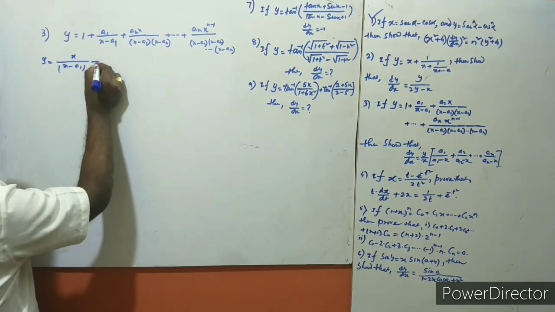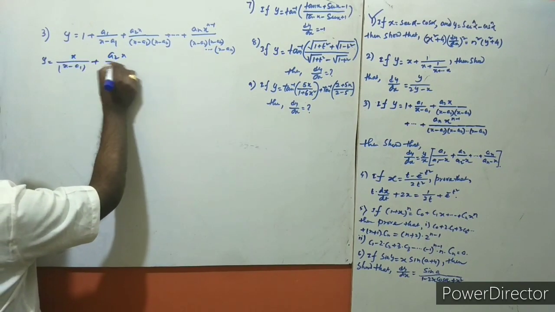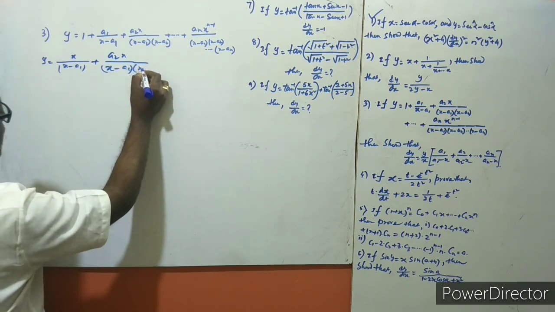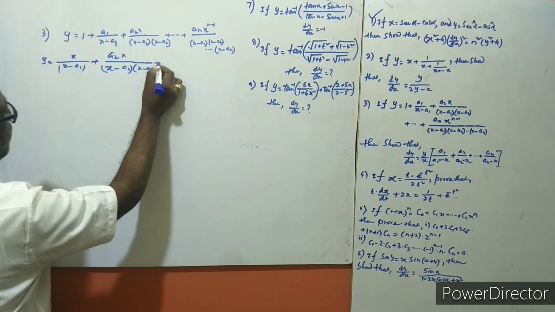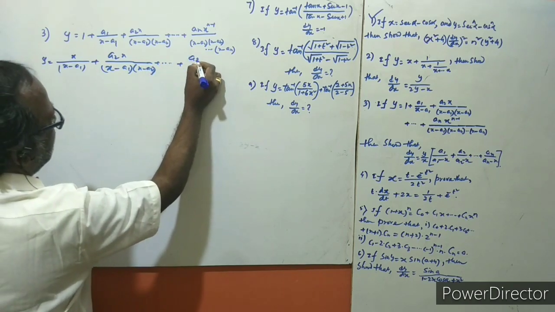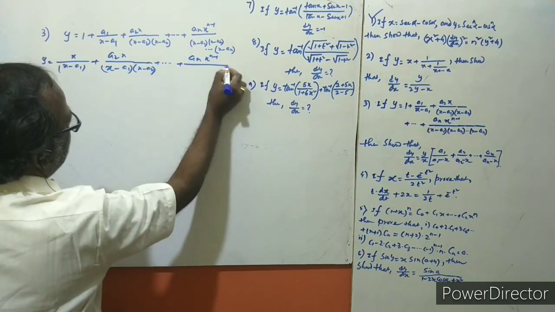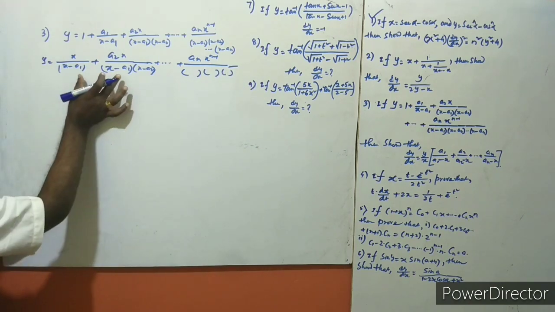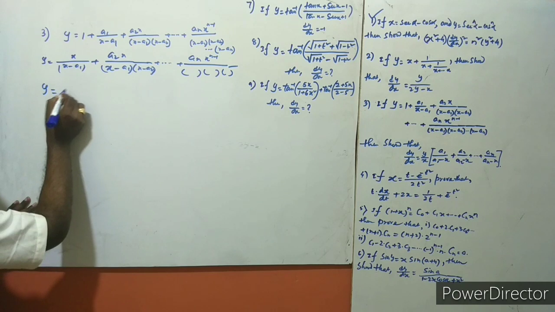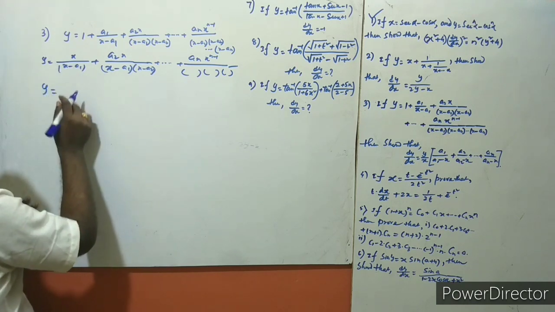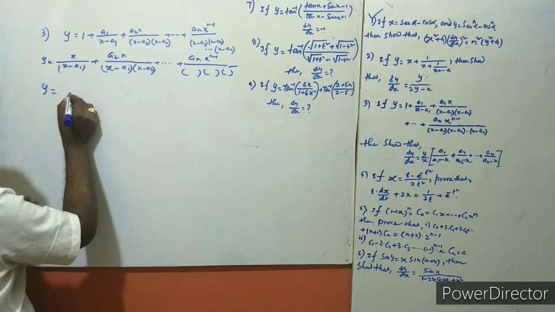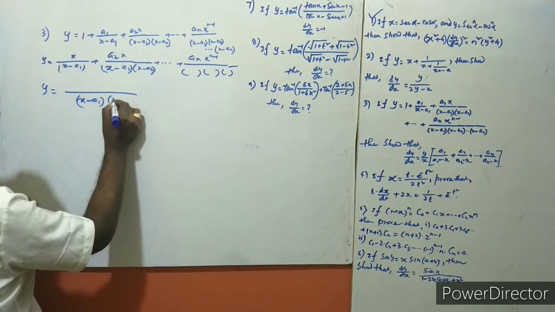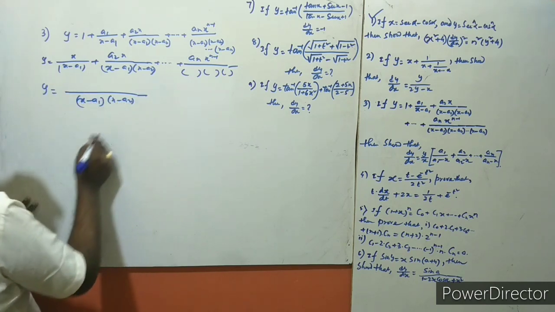So x by this, and a2x by x minus a1, and again x minus a2, then we get an x to the n minus 1 and so on. See carefully, and again we take the LCM of the first two of this second line, then we get x minus a1, x minus a2.